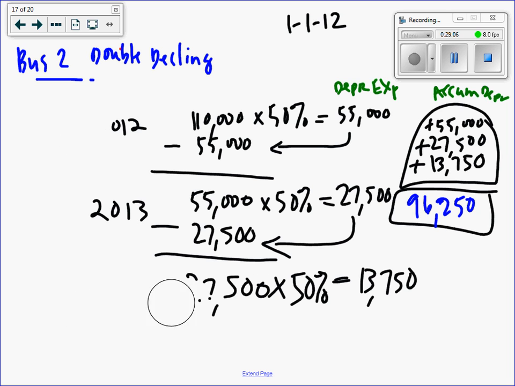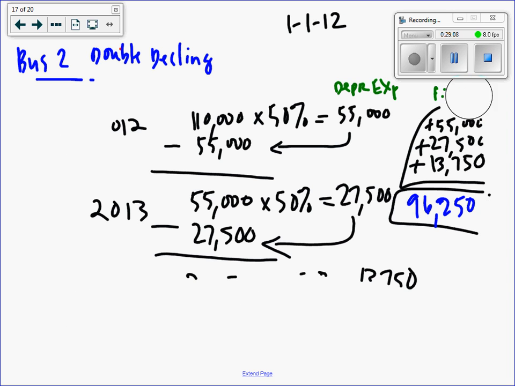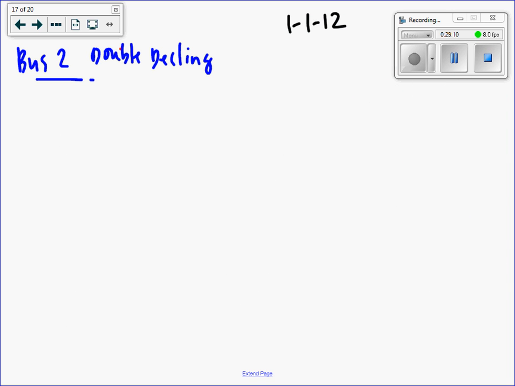You have all your facts and figures up there still. I don't. So what they're saying, this is part A, that we bought it on 1/1/12. Part B of the problem is saying, hey, what if we bought this on April 1st, 2012 instead? Tell me what it would look like.